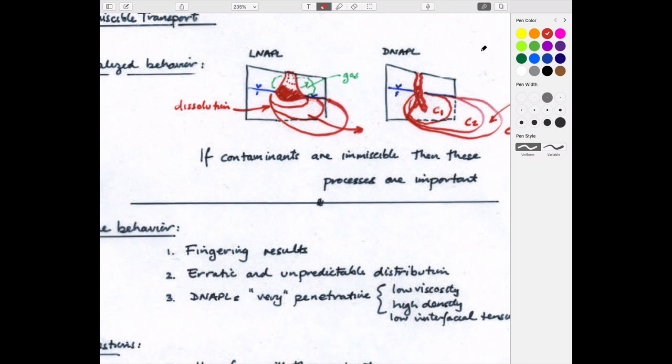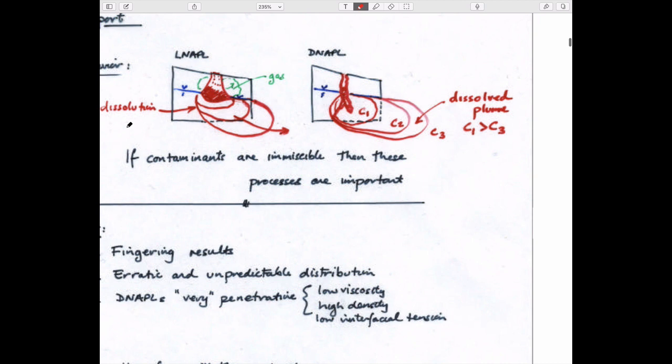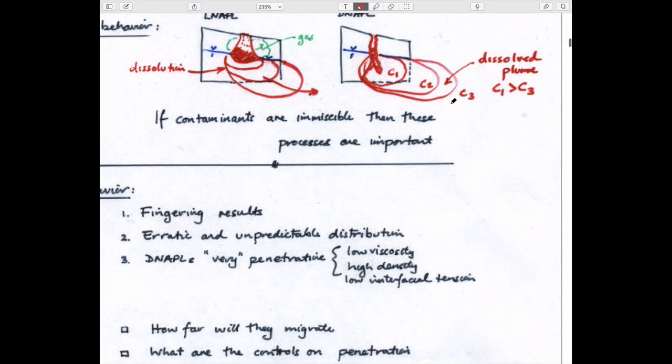And so this again is just another little cartoon that shows that behavior. For lighter than water non-aqueous phase fluids, and denser than water non-aqueous phase fluids, you get these plumes developing that sequentially at times 1, 2, and 3 go progressively further and further down gradient.